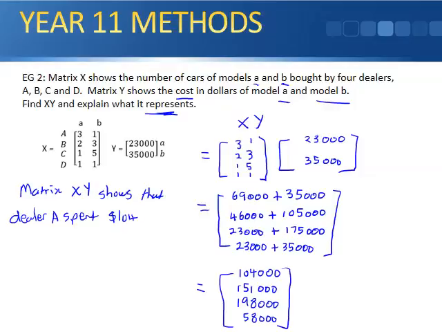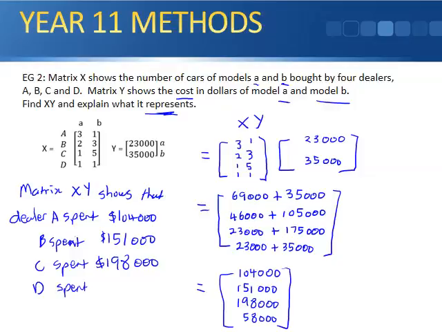Dealer B spent $151,000. C spent $198,000. And of course, dealer D spent $58,000.